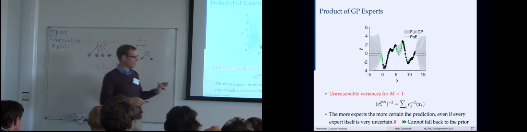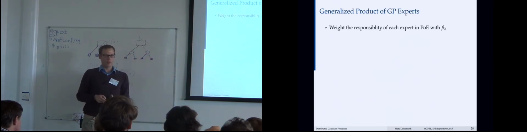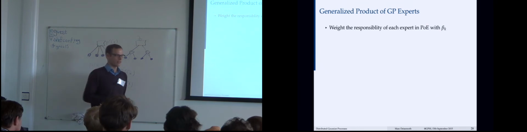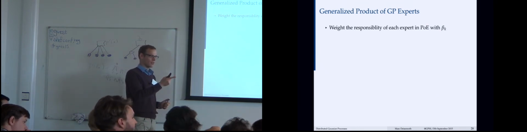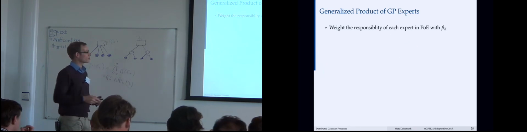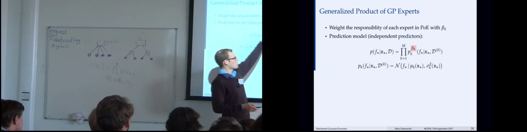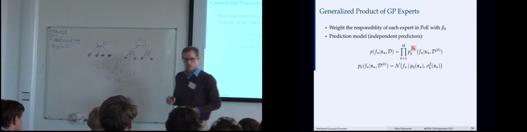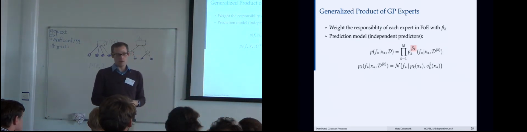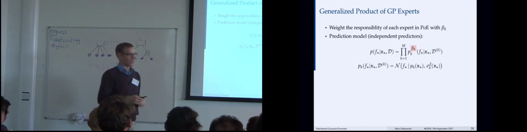So that's unfortunate. Okay, so here's a potential fix. This is called Generalized Product of Experts. So here we take the product of experts model and just put a weighting factor in here. We call it beta k. And the beta k weights the confidence of each expert.